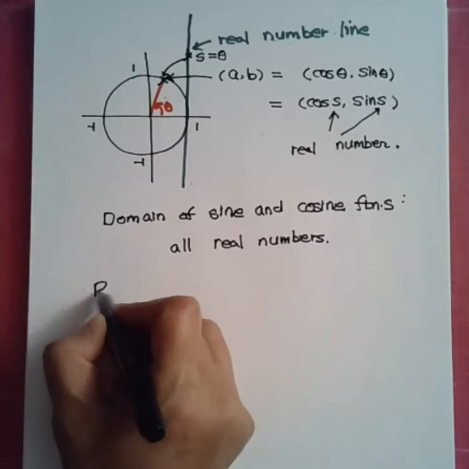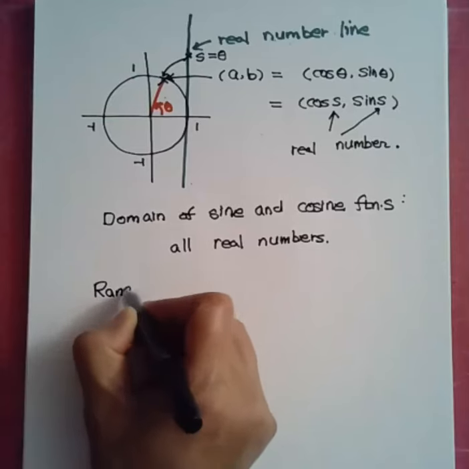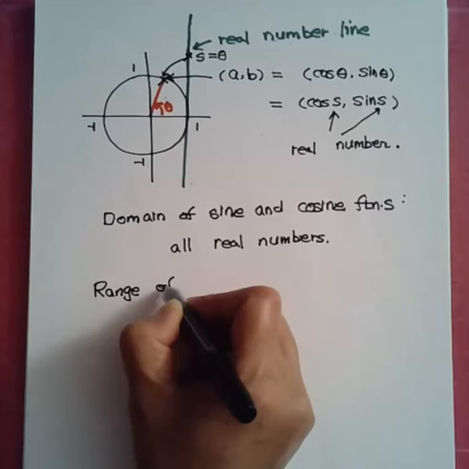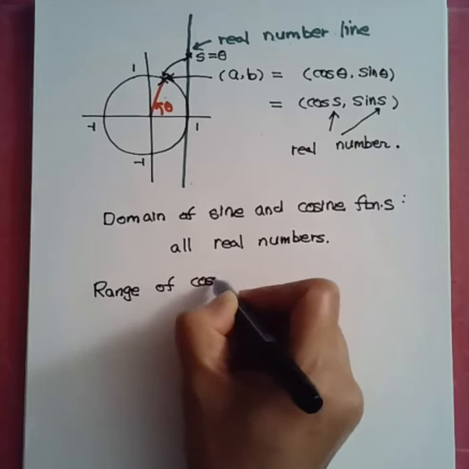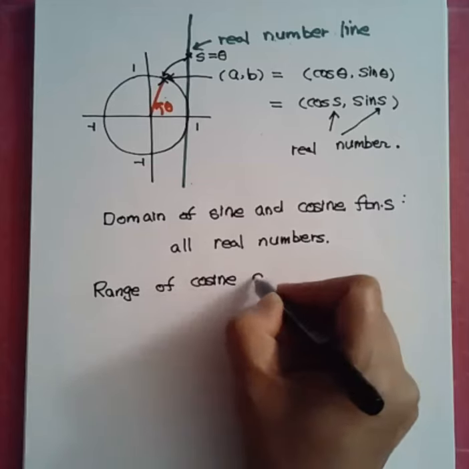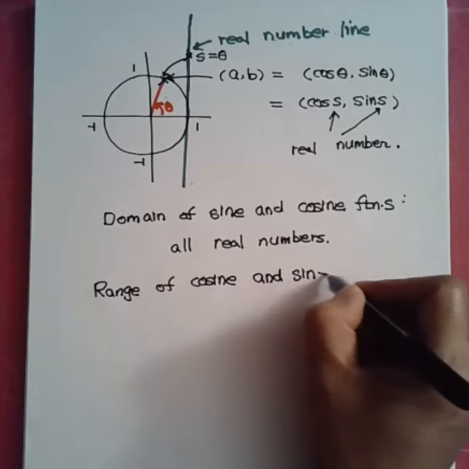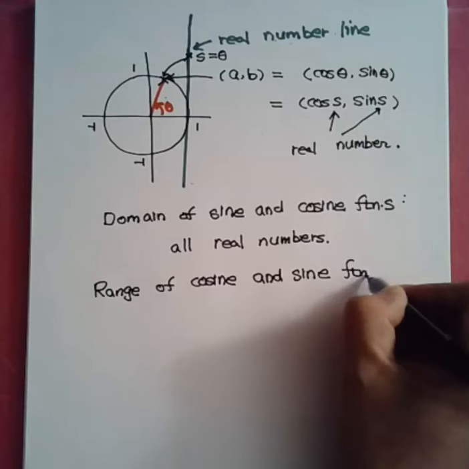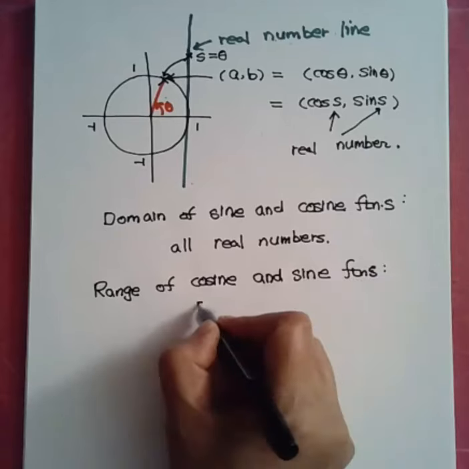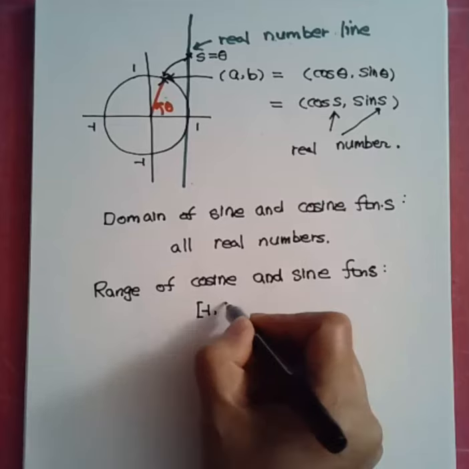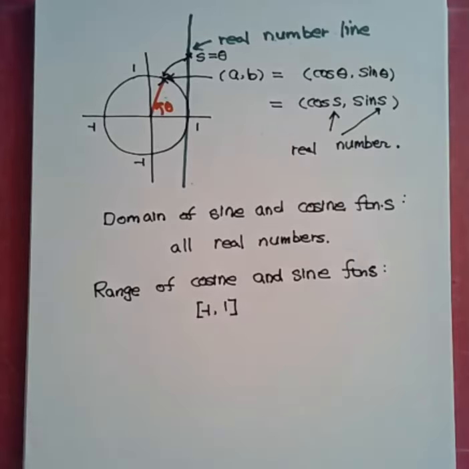So we can say that the range of cosine and sine functions is between -1 and 1.